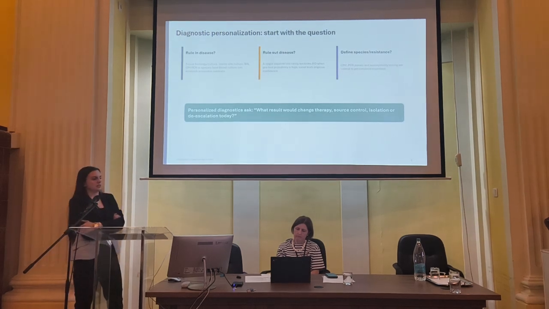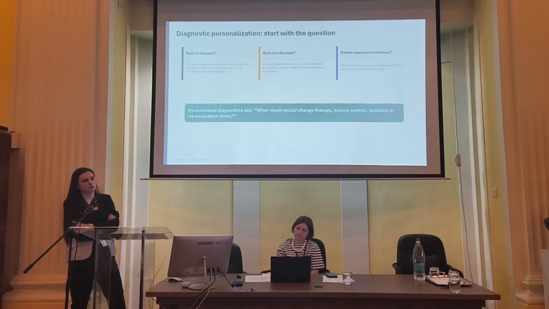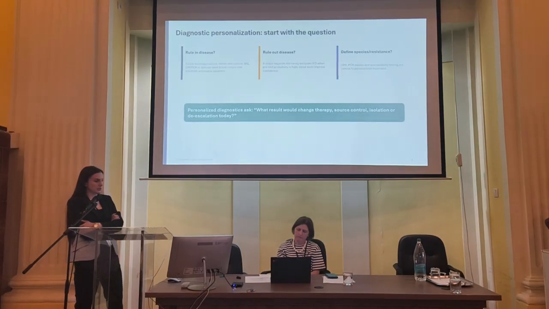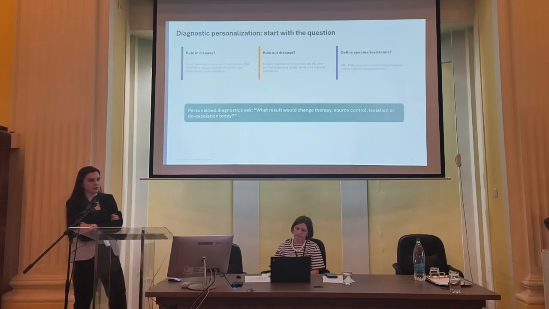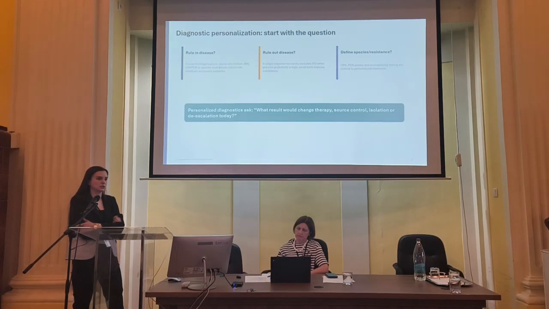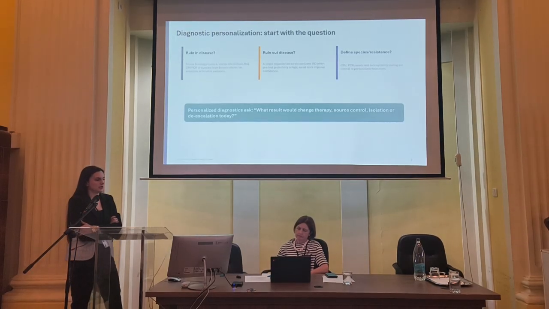When we do diagnostic personalization, we need to make sure what question we need to answer: if we try to rule in the disease or to make the diagnosis, we need to take a sample for microbiology, and if necessary do PCR, some kind of tissue or BAL for the culture.